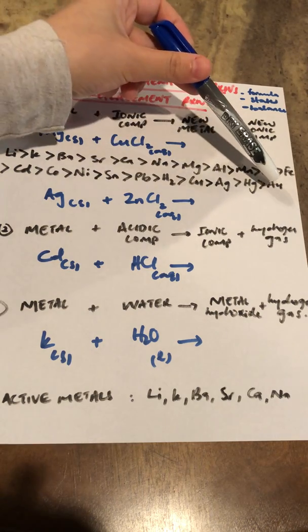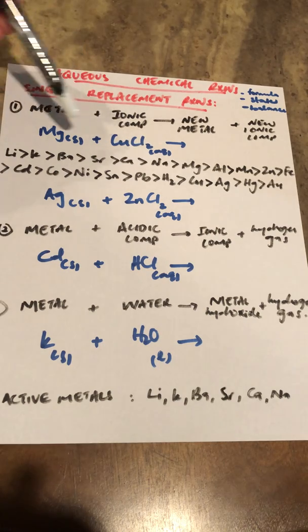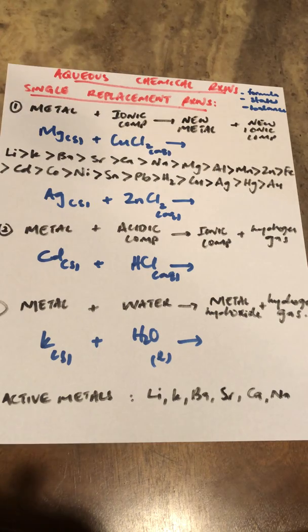We all know that gold is used in a lot of jewelry, and the reason for that is because it's very unreactive, which makes it ideal for that. So we would be literally comparing the two metals in order for us to determine whether the reaction is going to happen or not.